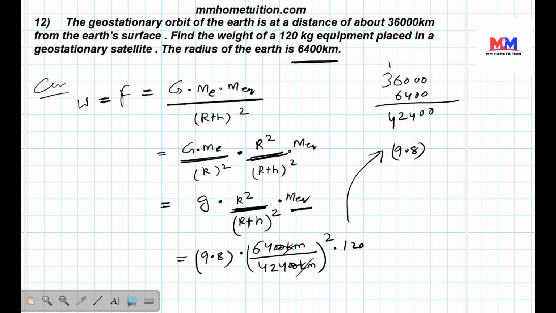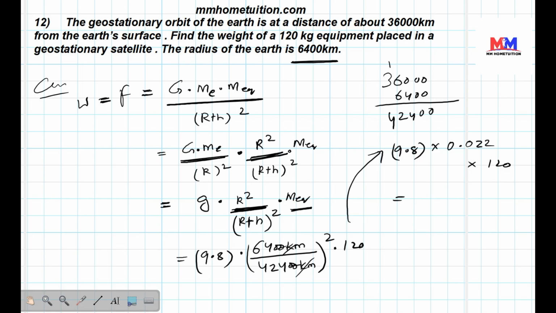So 0.15 into 0.15 equals 0.02, or 0.0225, into 9.8 into 120.